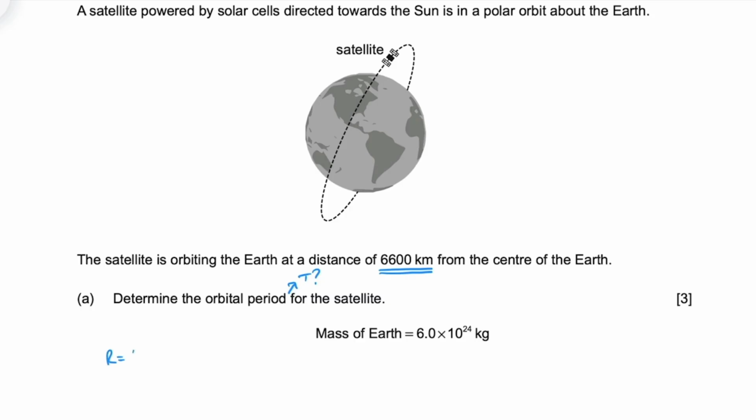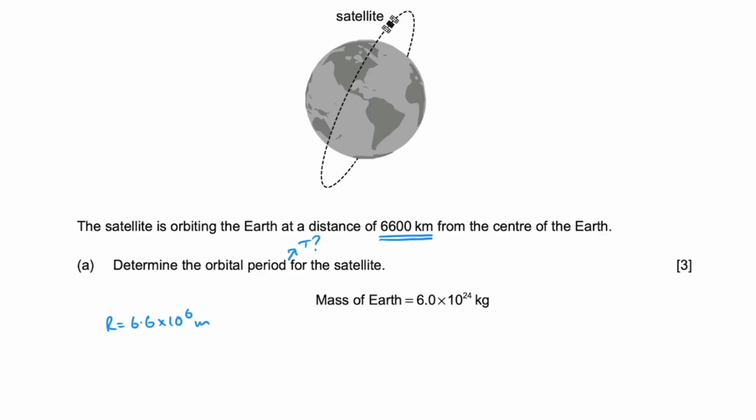We've got r equals 6.6 times 10 to the 6 metres, and that, by the way, is me just converting from kilometres to metres. We've got the mass of the Earth as 6.0 times 10 to 24 kilograms, and we want to find out what T is. Again, we're going to use our version of Kepler's third law.